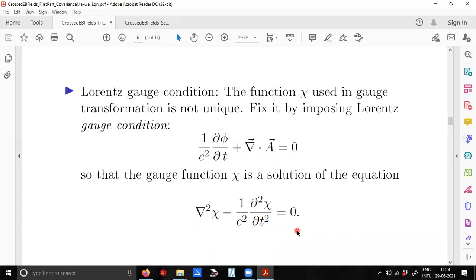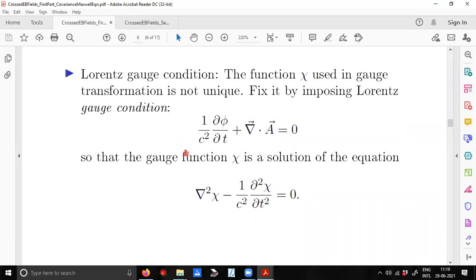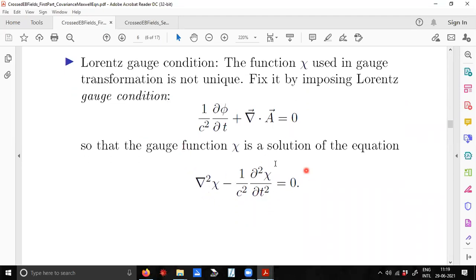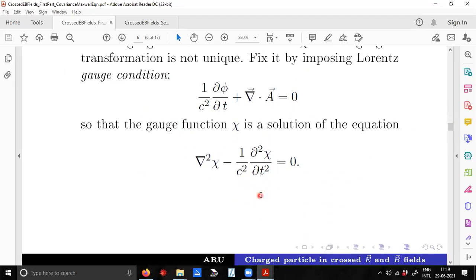It gives me some hold. I am restricting to a subset of chi which satisfy this equation, so that the vector potential and phi have this kind of condition. This condition, which is used to fix chi to a known solution, is called the Lorentz gauge condition. With that condition, I can choose any chi which is a solution of this differential equation.